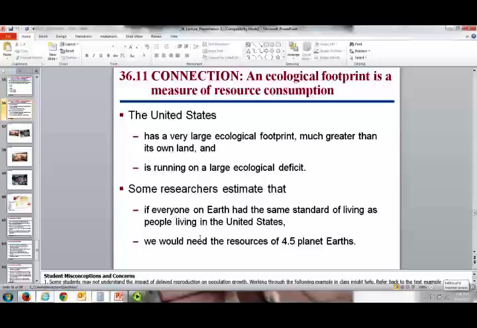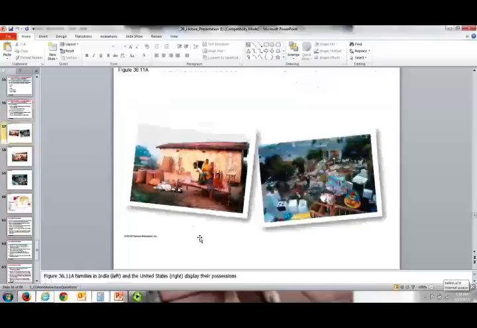So one of the things, if you have lived in other countries, we tend to have much larger houses than a lot of other countries. Our homes are much larger than in Europe, where they have bigger populations. And with a bigger home comes more resources that are needed. That's just one example of how the United States has a larger ecological footprint.